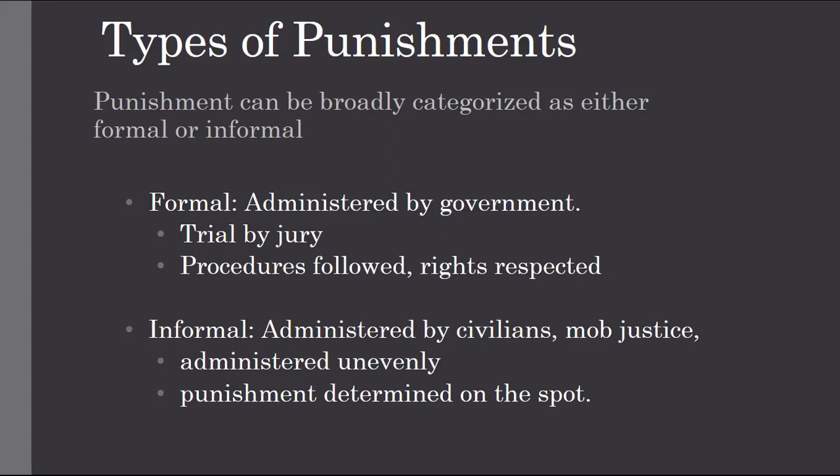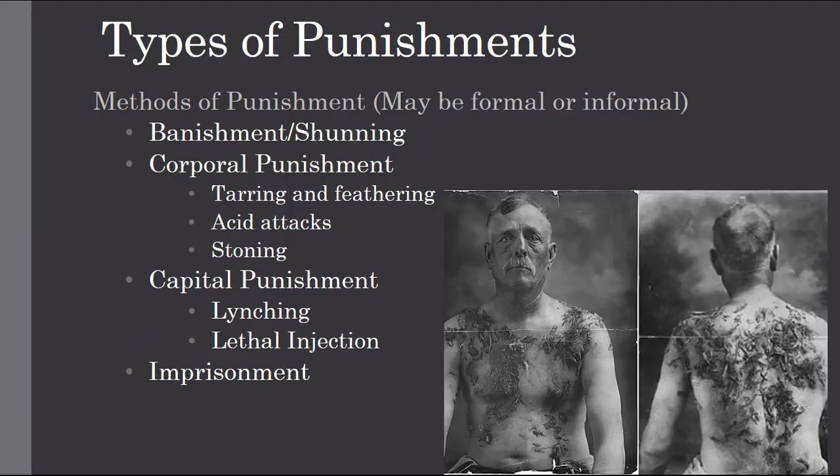We see examples of this in American society, and we can in the past, and we continue to see examples of this in global society in those areas that don't have regulated government or functional government infrastructures. So the formal and informal are the two broad categories of punishments. Now we can talk about methods of punishment.